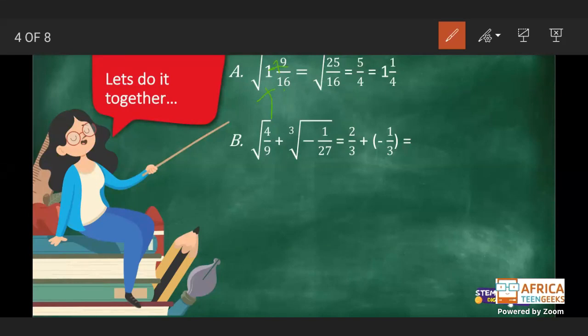The square root of 25 equals what? Equals 5. You can do it on your calculator, guys. Square root of 25 equals 5, right? So there goes our 5. And the square root of 16 equals 4.